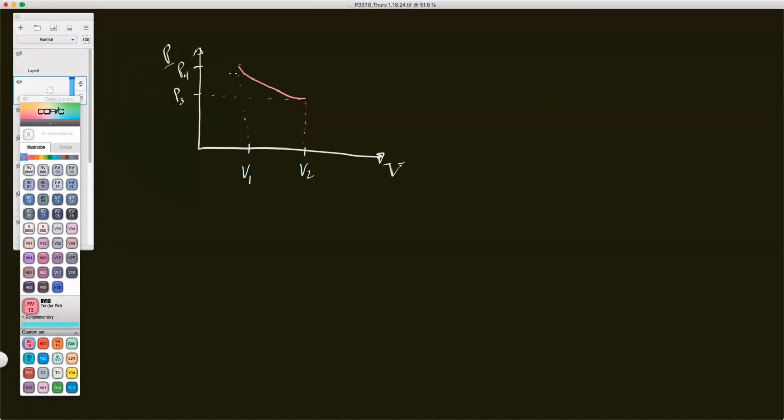Then let's do another isotherm that goes from P2 to P1, from here to here. There we go, that's another isotherm.